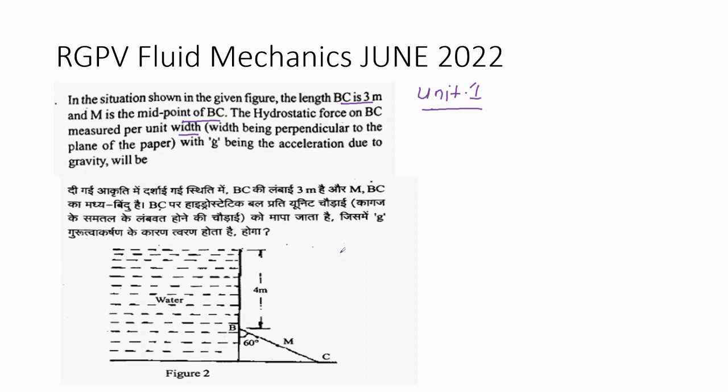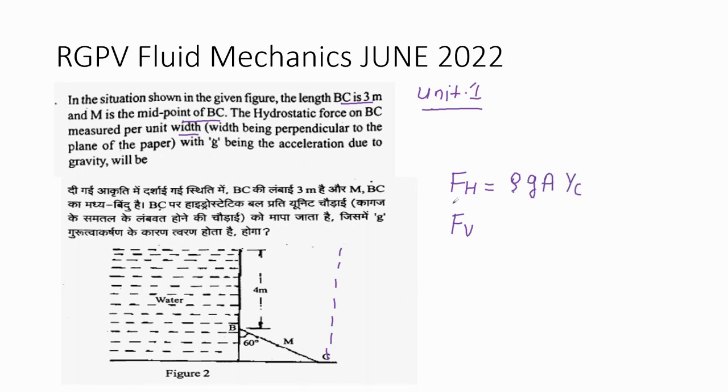Whenever जब भी आपको कोई इंक्लाइंड सरफेस दी जाए, तो उस इंक्लाइंड सरफेस के ऊपर हमेशा फोर्स के दो कंपोनेंट होते हैं। एक होता है FH और एक होता है FV. Now what is FH? FH we simply calculate by using the relation rho g A YC.